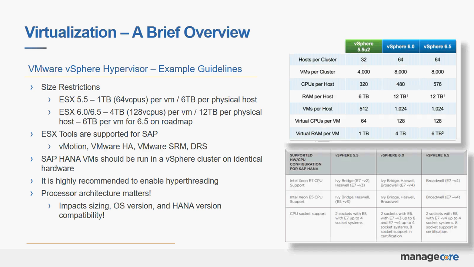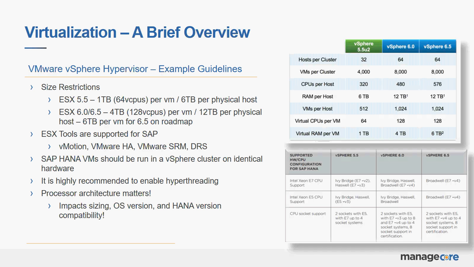So with the evolution of ESX, you can get a lot larger environment virtualized without having to buy physical hardware only. So you can actually put 4 terabyte systems on a virtualized platform. And 6 terabytes is on the roadmap for 6.5, so they're just continually increasing.